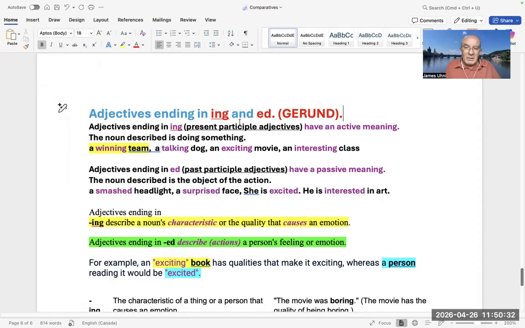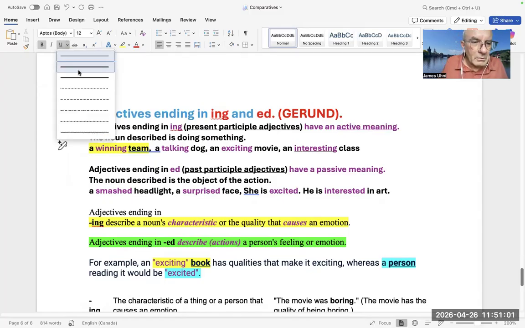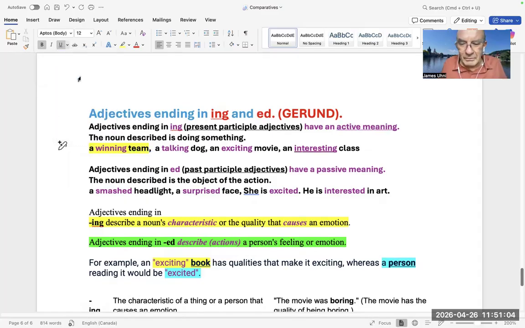So let's find out some answers. Adjectives ending in ing, present participle adjectives. Wow, that sounds complicated, right? Have an active meaning, and this is very important, active meaning. So I will underline it. Okay, that's not visible enough.